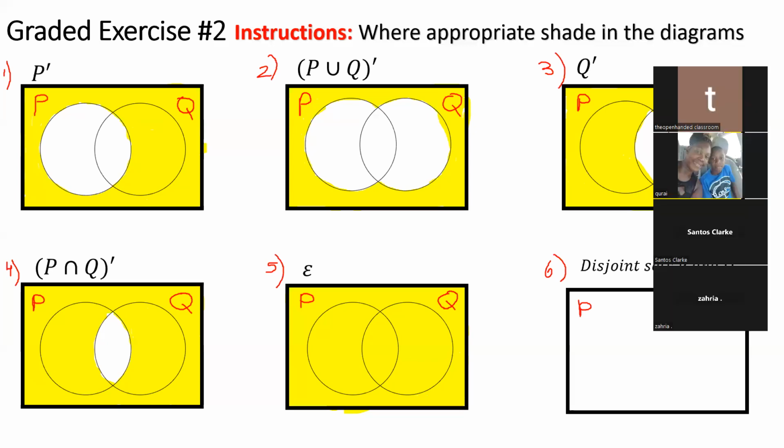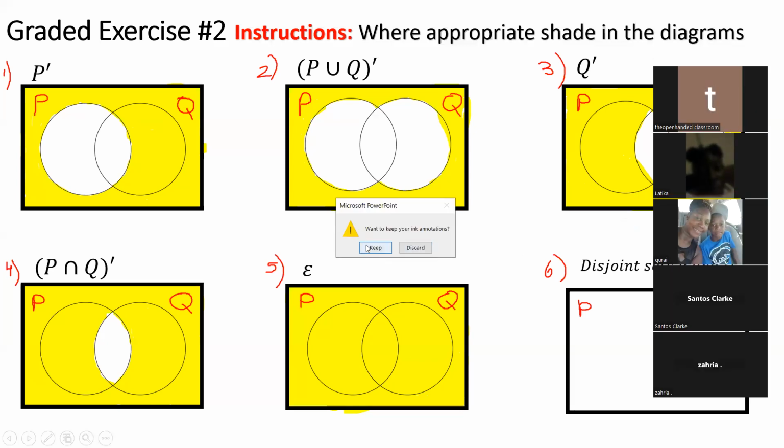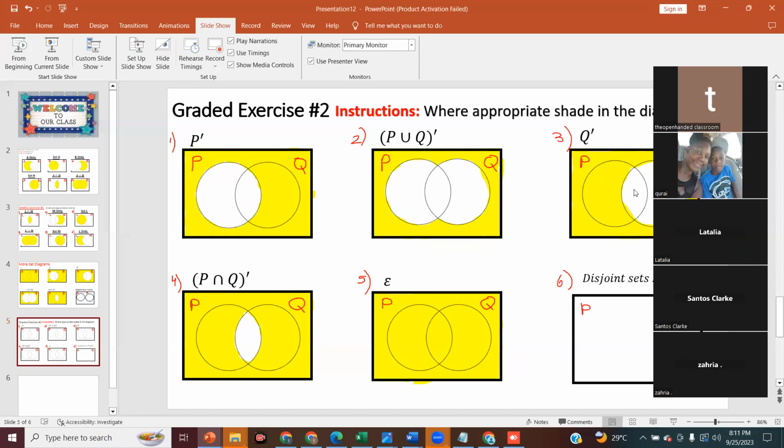We want the disjoint sets of P and Q. What is that? It would just be two circles, not connected. Very good.